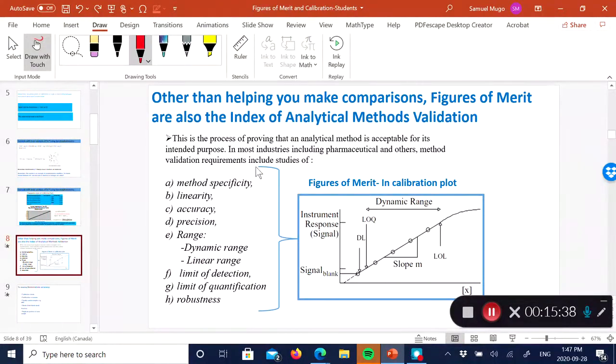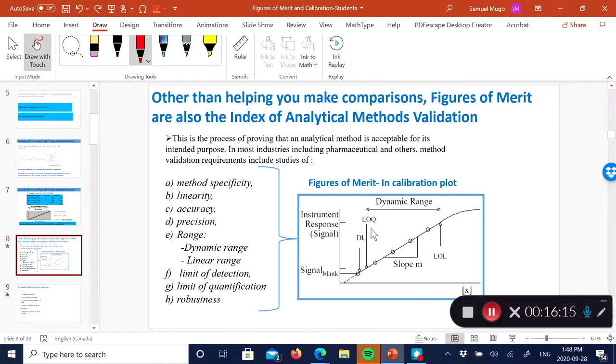And so the figures of merit that I'm talking about include method specificity, linearity, accuracy, precision, range, and there are two types of ranges, dynamic range and linear range, which is often sort of the same thing, limit of detection, limit of quantification, and robustness. So this is what you call the figures of merit. And as you're going to see, most often you can actually get them from your calibration plot.